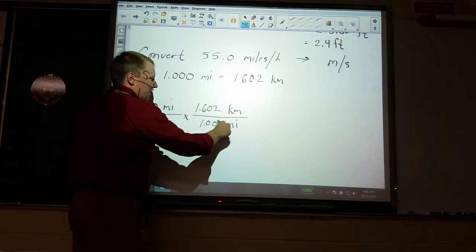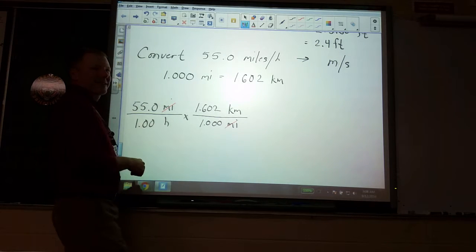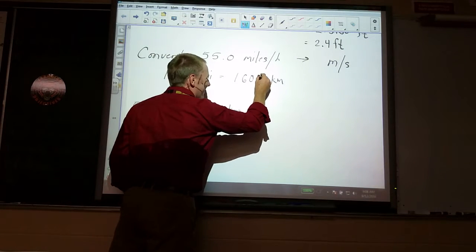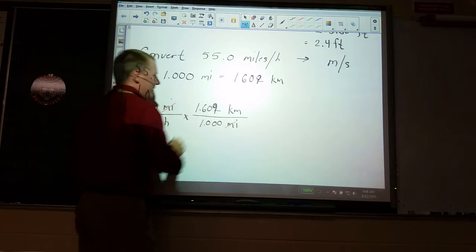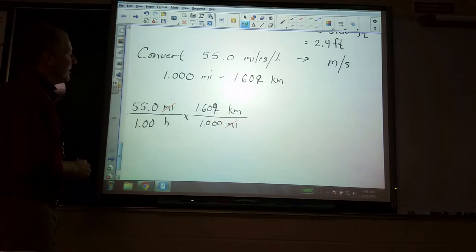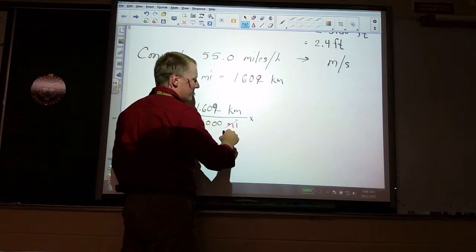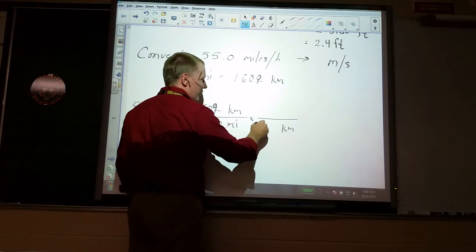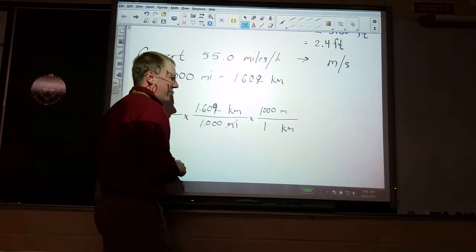Then miles cancel out. Then from kilometers, I want to go into meters. So I know I've got to get rid of kilometers, but I also know that 1 kilometer is equal to 1,000 meters, and that's a defined one.